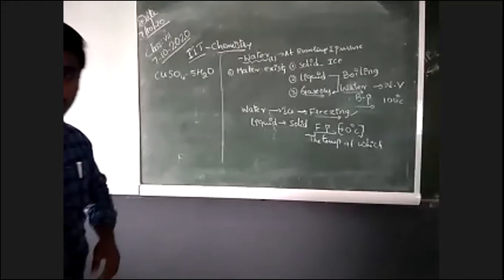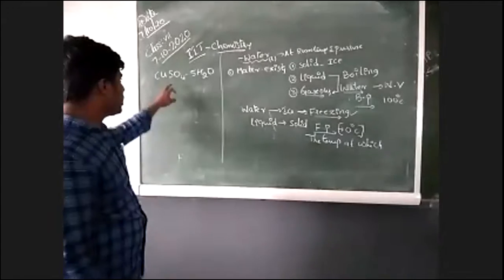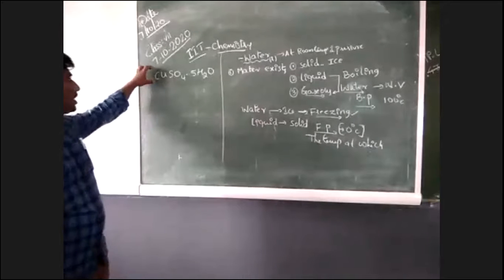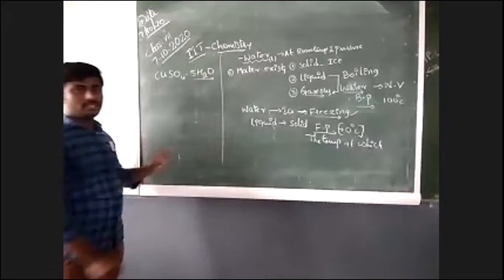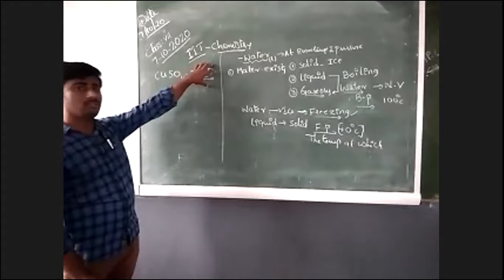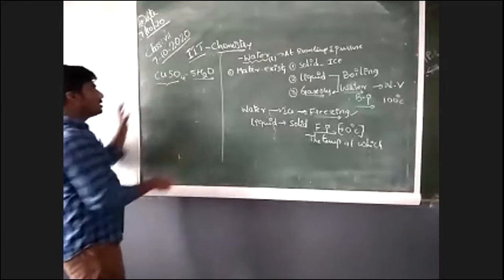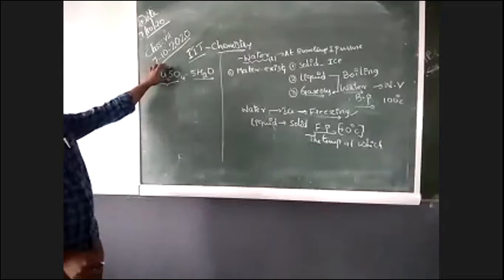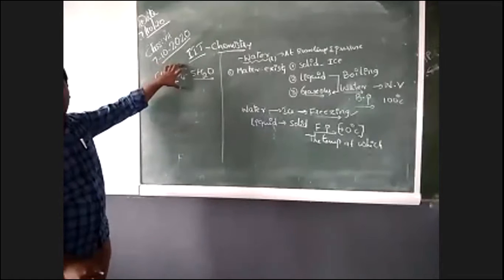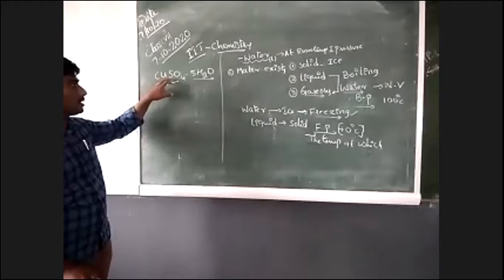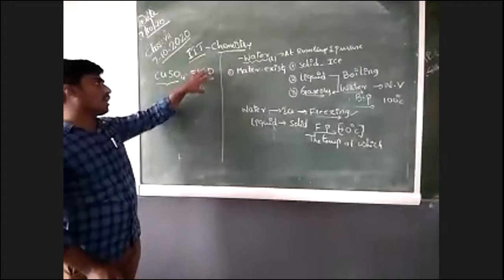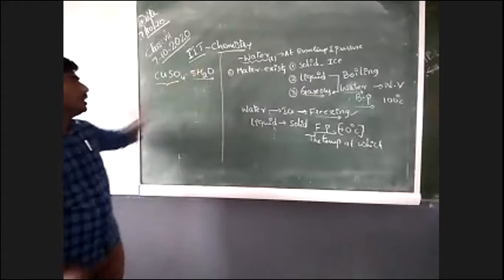CuSO4 5H2O is hydrated copper sulfate. Hydrate means some water molecules are there along with the copper sulfate. Cu is copper, S is sulfur, O4, copper sulfate. CuSO4 means copper sulfate, and 5 molecules of water.